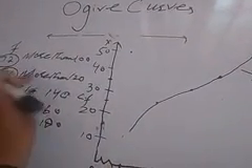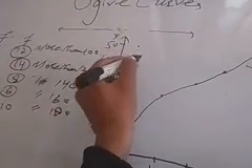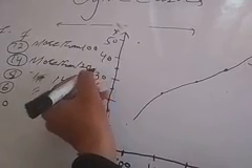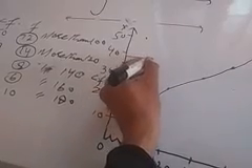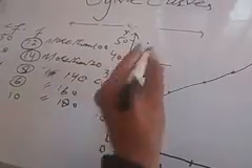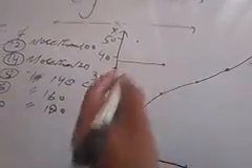Then more than 120, cumulative frequency is 38, which is 2 less than 40, so this is the point. More than 140 is equal to 24, which is a bit below 25, so this is the value.